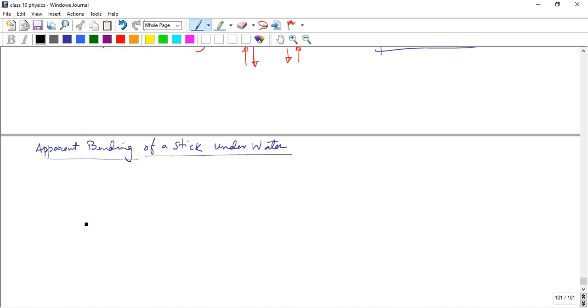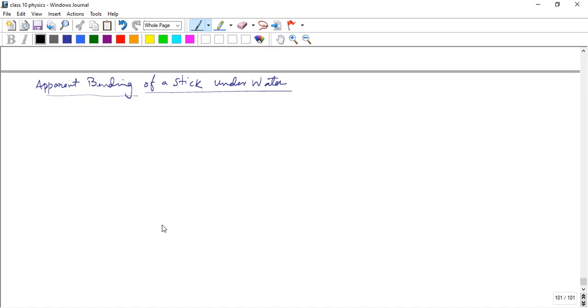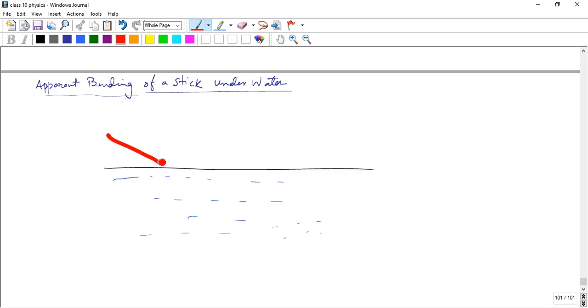Okay, consider this a bucket. That is water here. So that is a stick, the original stick.